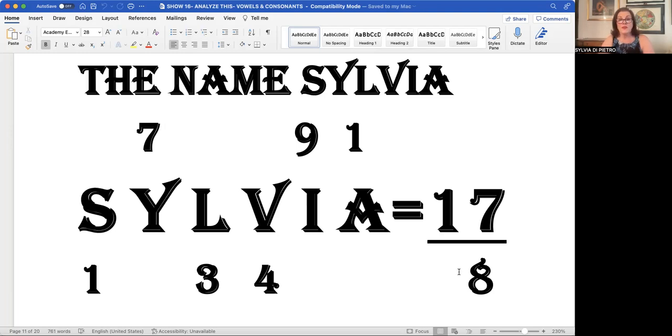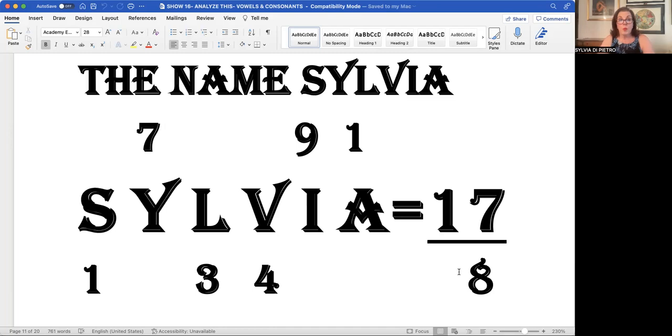So in the name Sally, Sally has 2 syllables, Sal, S-A-L, where the A is a vowel, and Lee, L-Y, where the Y sounds actually like a vowel. So in Sally, the A would be a vowel and the Y would be a vowel.